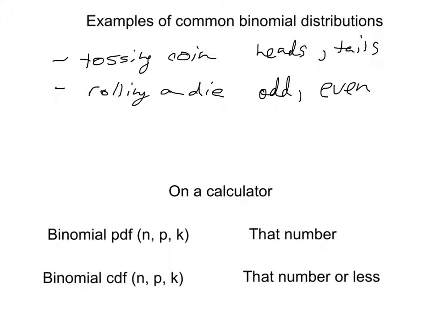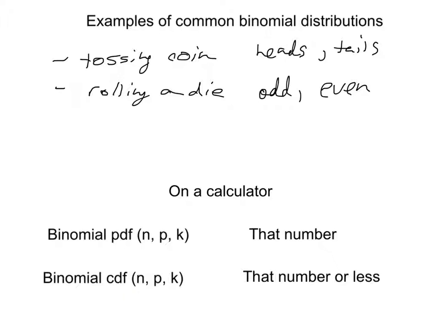And so how you do this on a calculator is you're going to go to, I believe it's, second vars. Then you're going to scroll down till you get A, capital A, which is binomial PDF. And then B is binomial CDF.